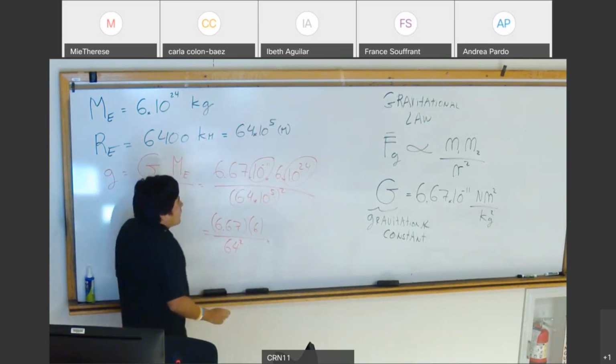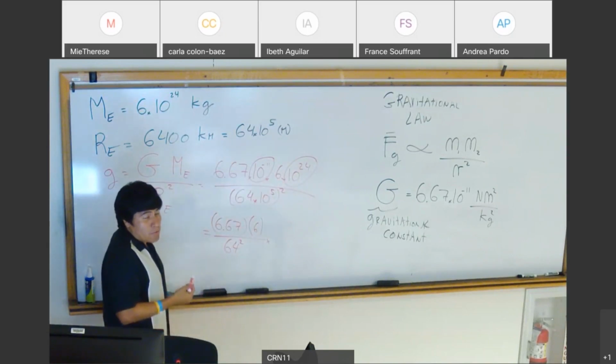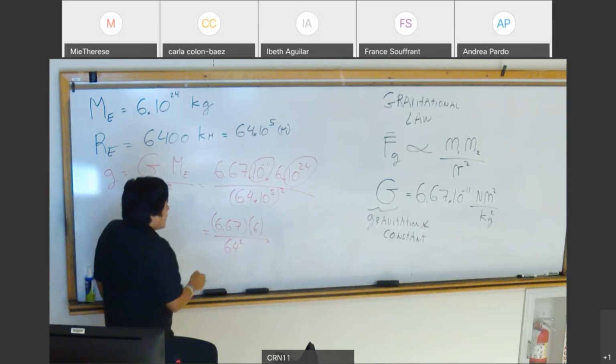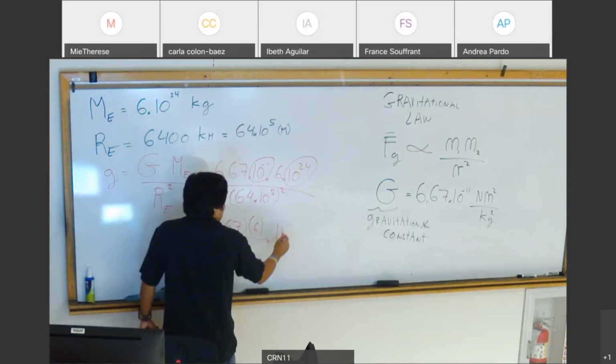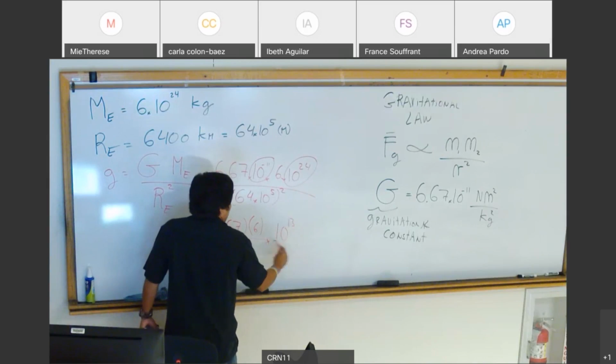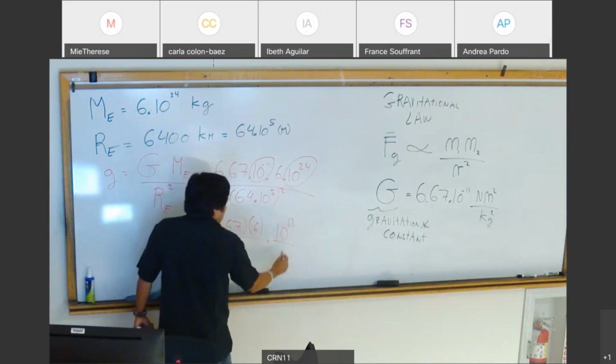That gives you 10 to the 13. You add the exponents, right? But one is negative. And then you have 10 to the 13 divided by 10 to the 5 squared, 10 to the 10.